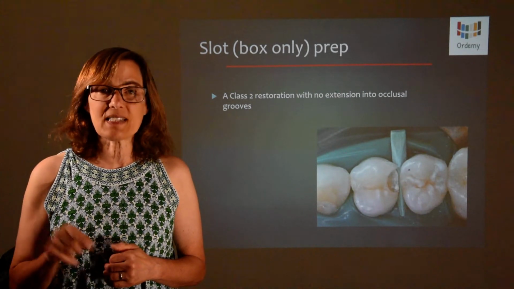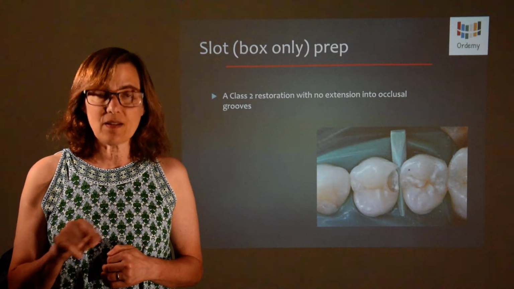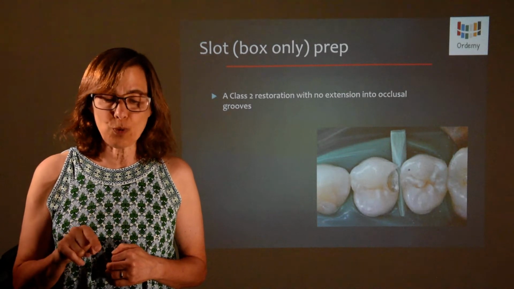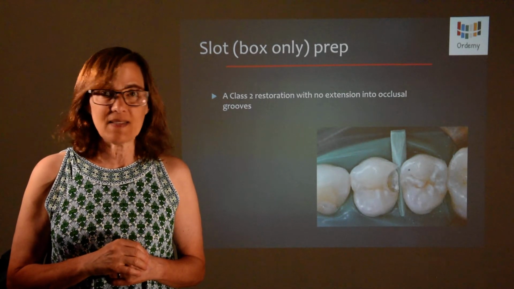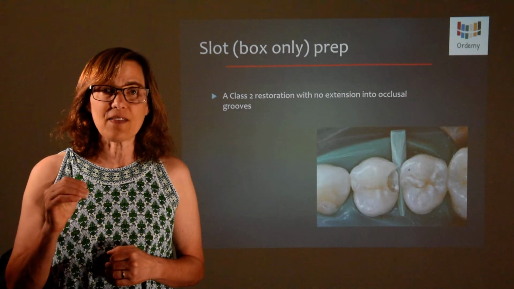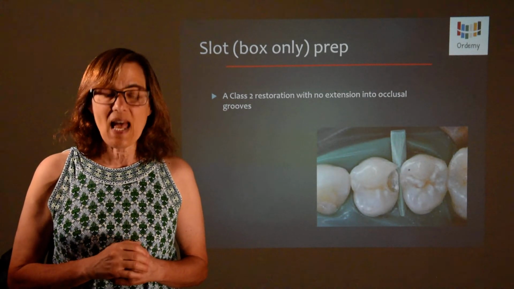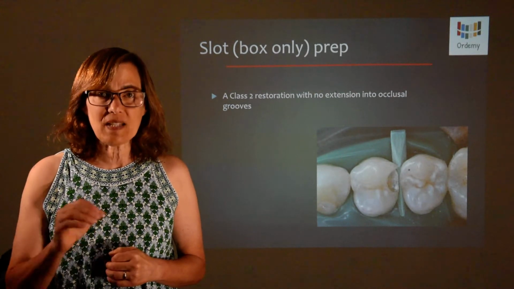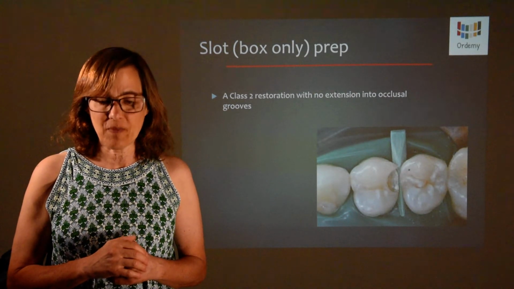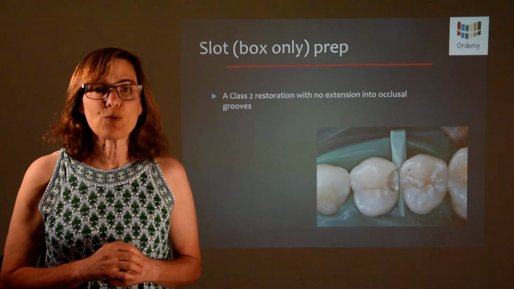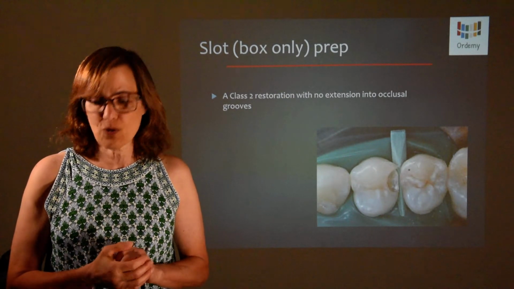And as you notice, the occlusal groove is still intact. The dentist has not removed it, and it looks like a rectangular box. We prepare these types of fillings now to conserve as much tooth structure as possible.